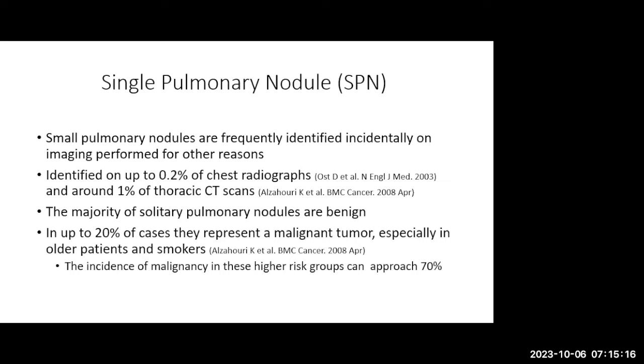The good thing is that the majority of these solitary pulmonary nodules are benign, but in up to 20%, they could represent malignant tumors, especially in high-risk patients like smokers, right, or older patients.